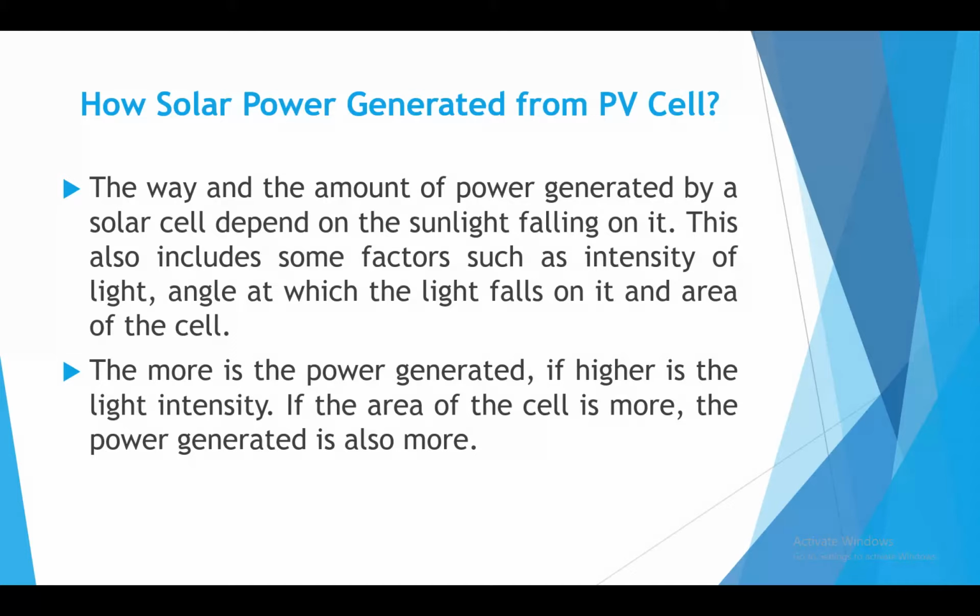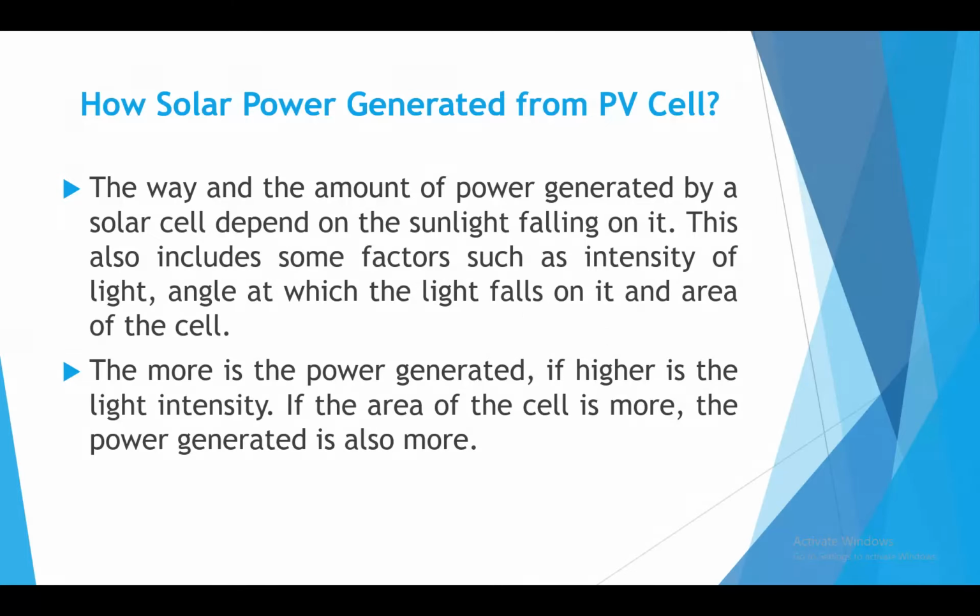The amount of power generated by a solar cell depends upon the sunlight falling on it, and it also includes factors such as the intensity of light, whether there are clouds, and the angle at which the light falls on it.